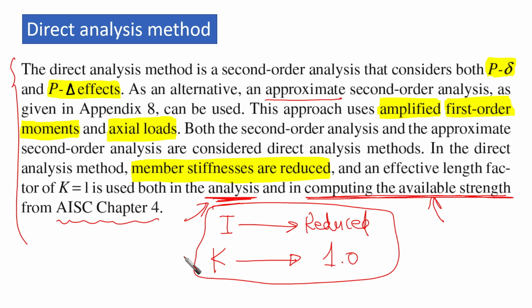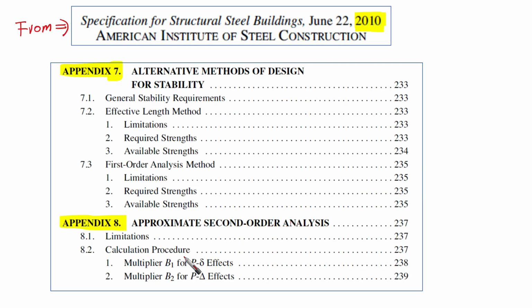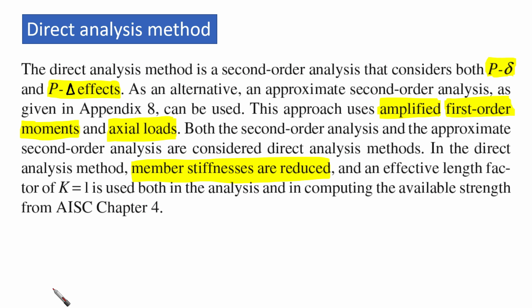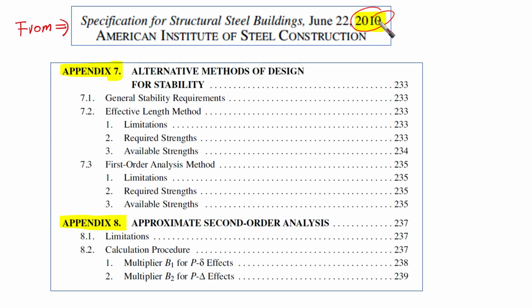This is what you can see here in specification AISC 2010. You're going to find that this is Appendix 7 and this is Appendix 8. In Appendix 8, you're going to find approximate second order analysis. This is in the 2010 version.